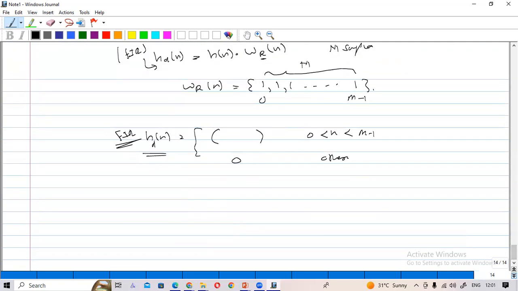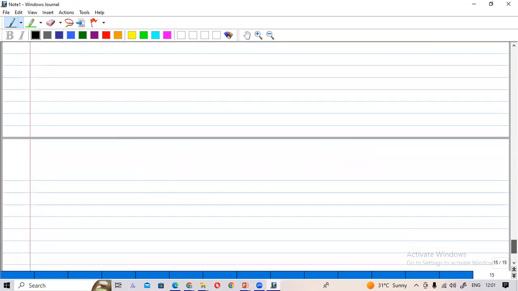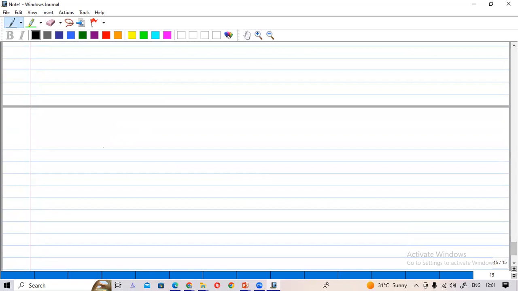Now I will give you two homework tasks. If you consider the rectangular window, it is somewhat like this: 1 if n is between 0 and M minus 1, and 0 otherwise.